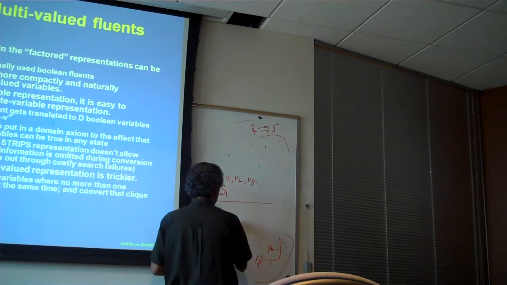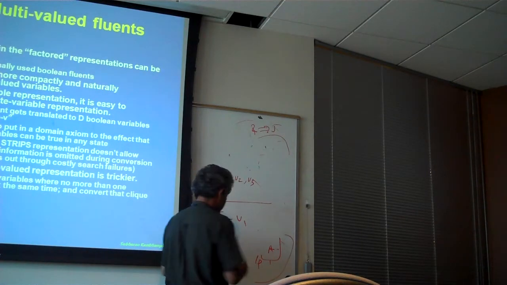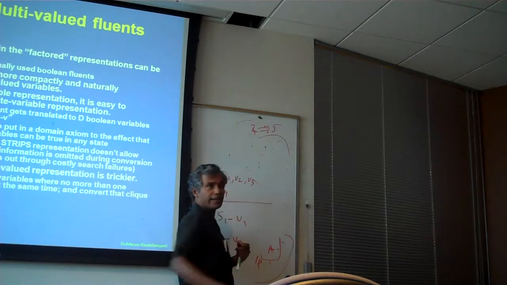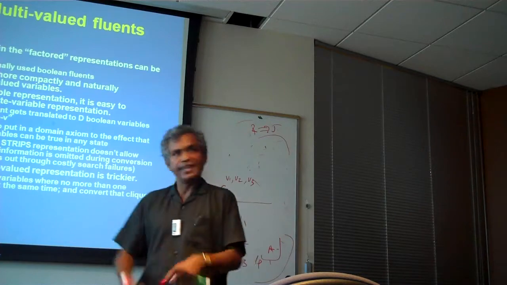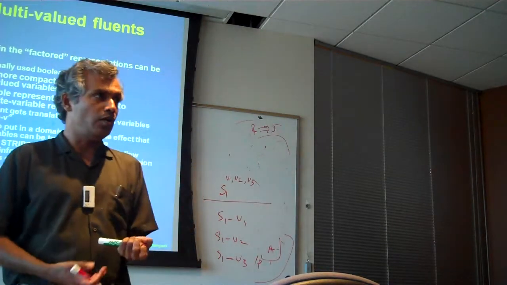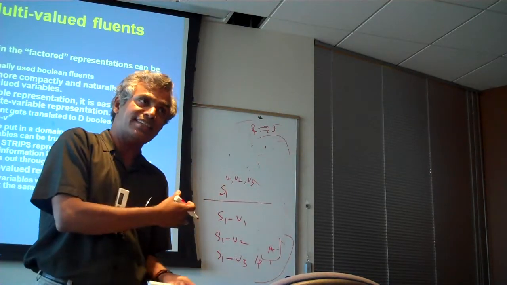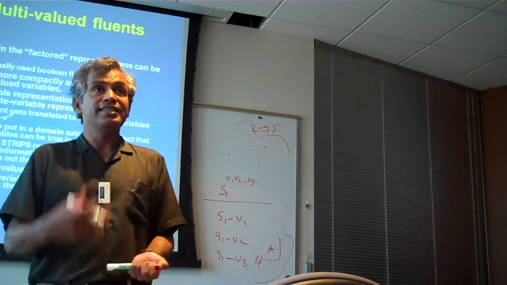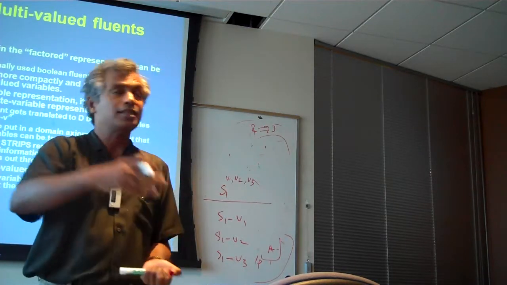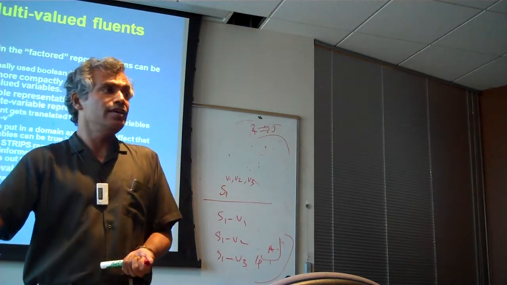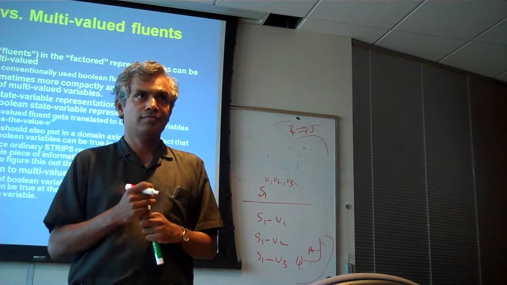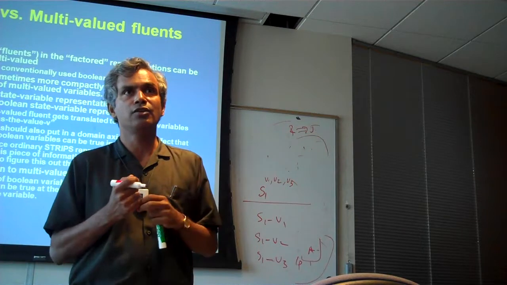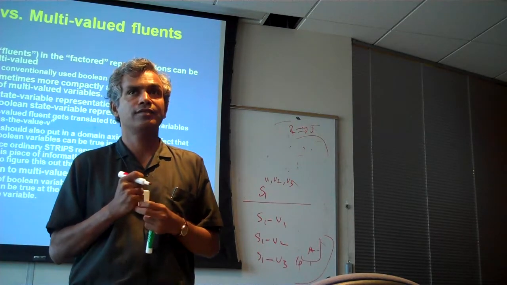Presumably I will say S1V1 is one variable, S1V2 is another variable, S1V3 is another variable. And then any action which had a precondition saying S1 must be equal to V1 will now just say S1V1 is true. What else do I need to do there to make the compilation correct?